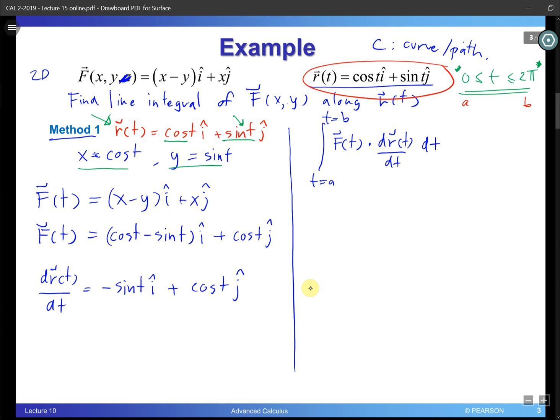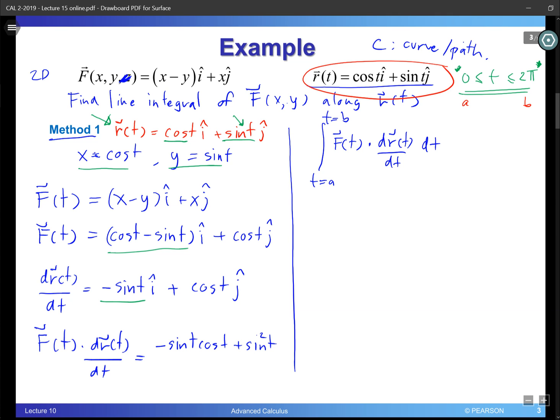Alright, so I can find f of t dot dr of t by dt. That is the sum of the product of each component. So starting with the first component, product of that becomes minus sine t cosine t, and then plus sine t square.